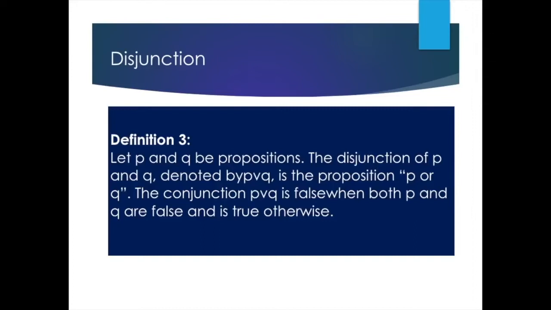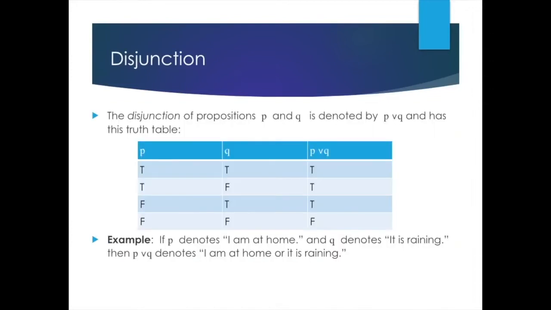When you have P and Q, both propositions, the disjunction of P and Q is denoted by P or Q, and it is false when both P and Q are false and true otherwise. Here the case is different from and. In or, we could have a true outcome from this disjunction once we have only a single true value in the truth table.